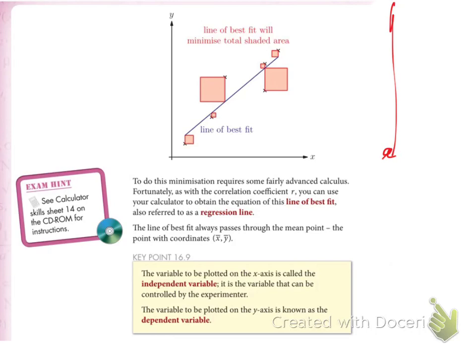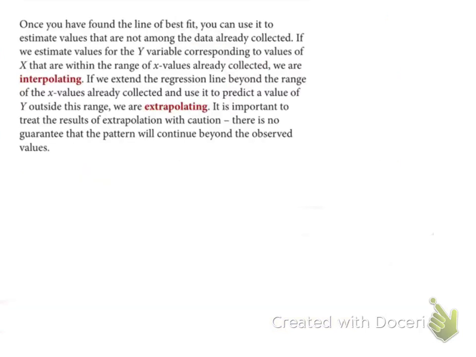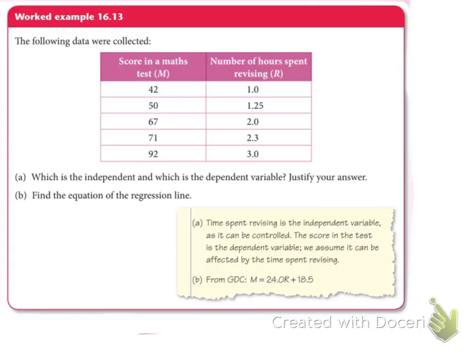But we still can use it, and you guys have for your science classes, and we've done lots of these different things in our algebra classes or even geometry classes. So those are the two different types: one's in the data, one's outside of the data. So you treat the results from outside with caution, because your data does not necessarily mean that it has to happen. The trend could definitely change once you get past your data.